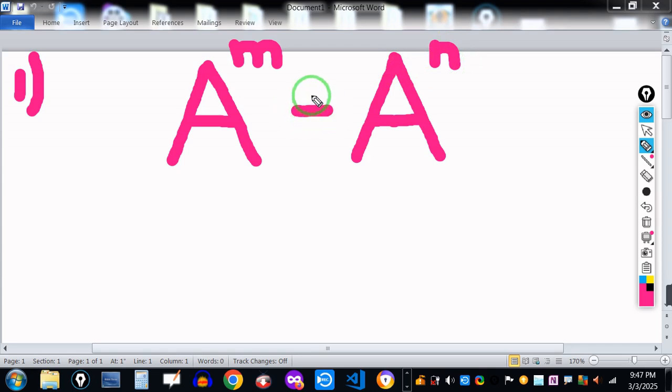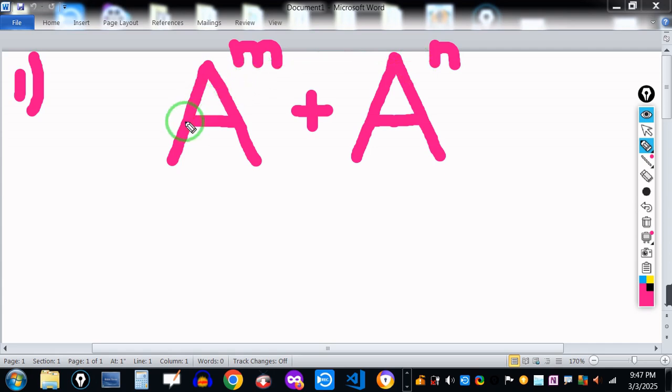The first one is plus. What is A to the power of M plus A to the power of N? Nothing more, nothing less. It's exactly the same.